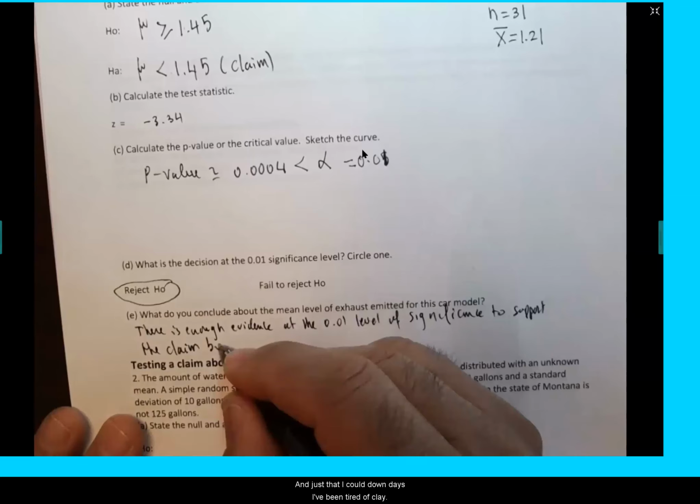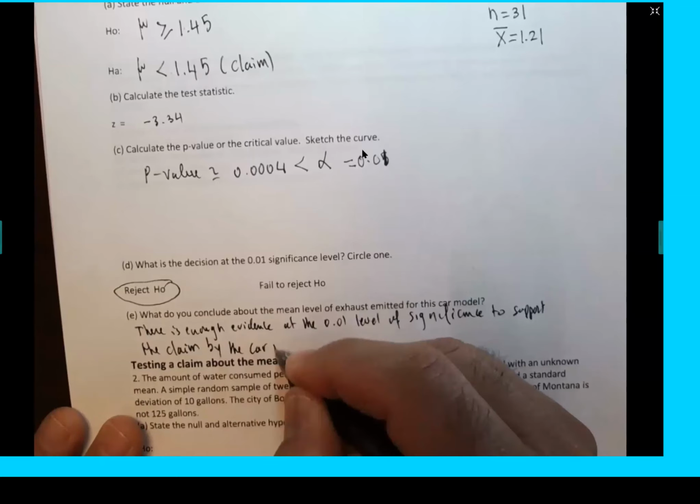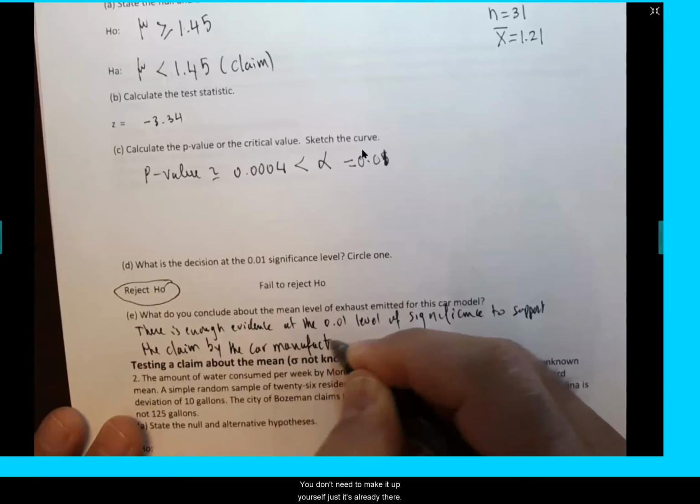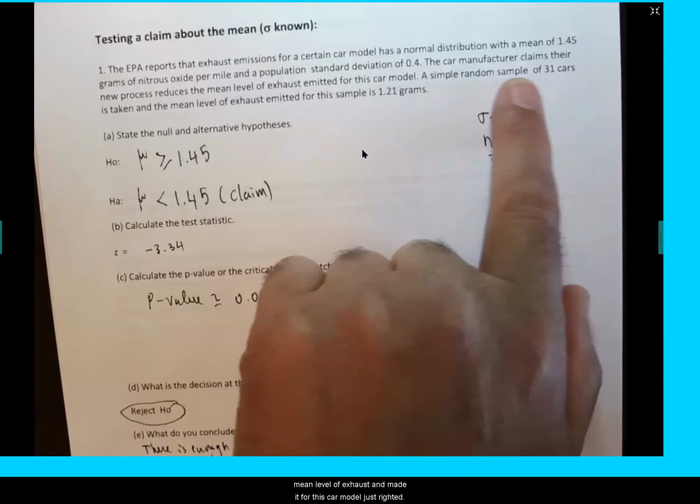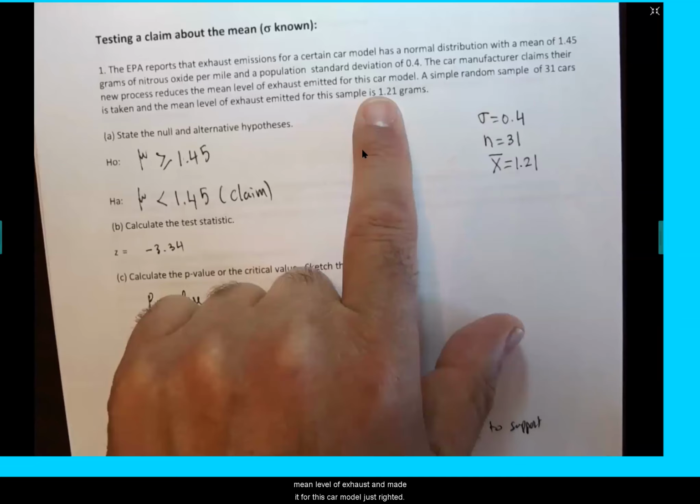And just write it down, guys. Write the entire claim. You don't need to make it up yourself. It's already there. Look. The car manufacturer claims that the new process reduced the mean level of exhaust emitted for this car model. Just write it down.